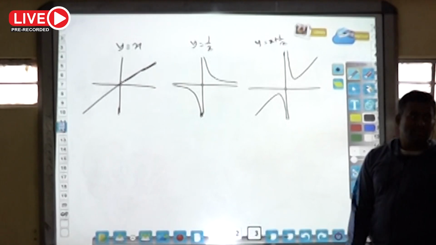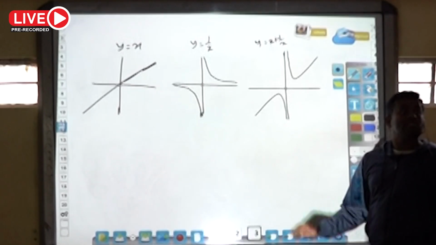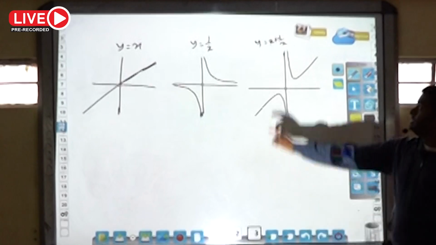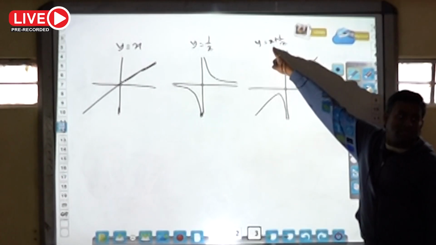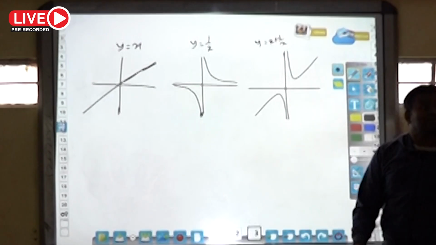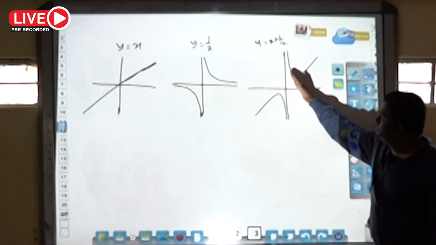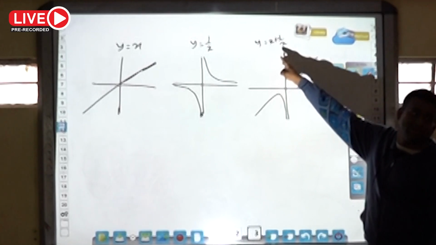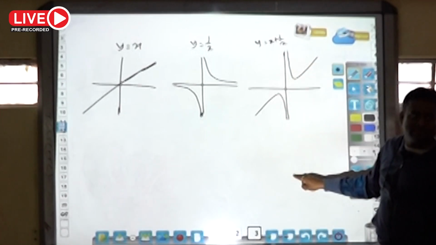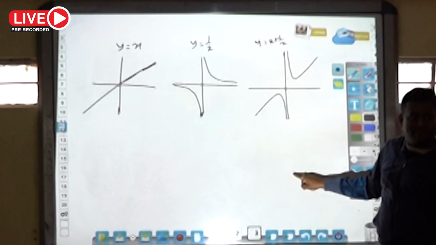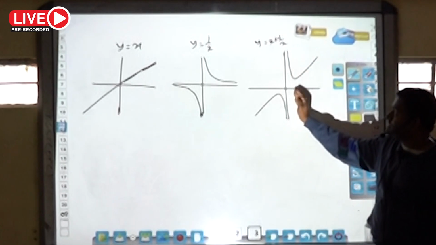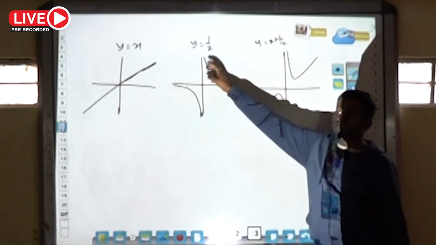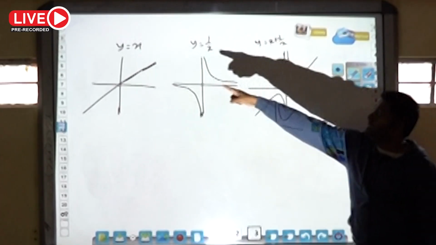Now, if you go to a very small value of x, then this first term will be very small, but 1 by x will become very large. It has a tendency to go towards infinity when x tends to 0. So for small values of x, it has more similarity with this, and for large values of x, it has more similarity with that.